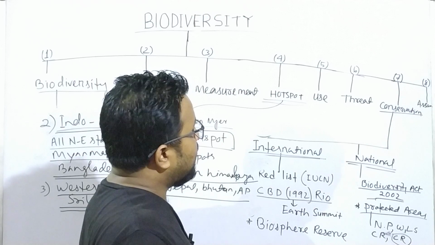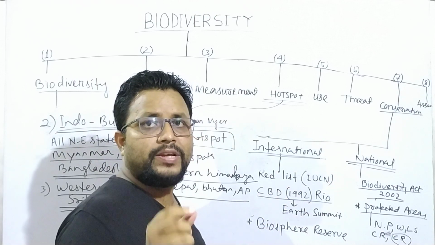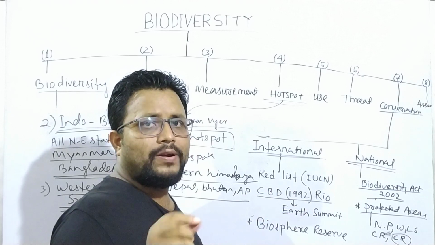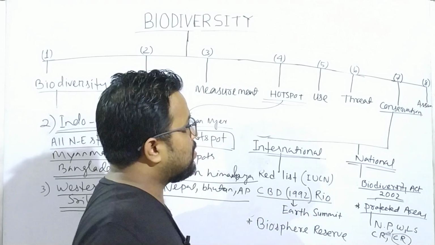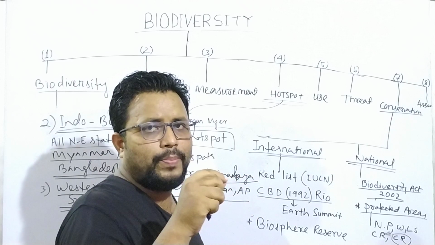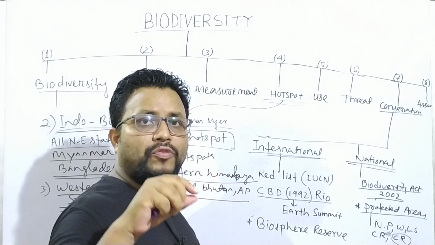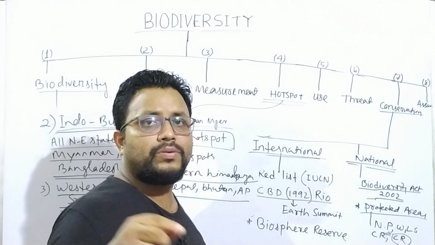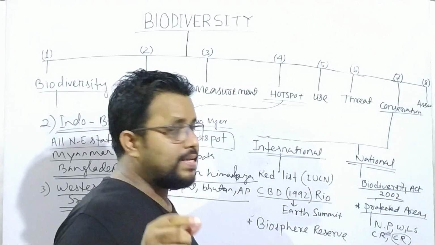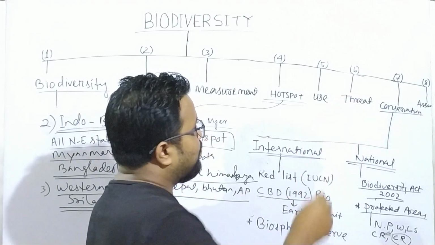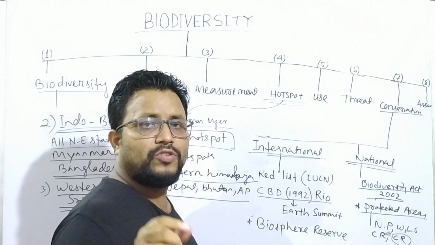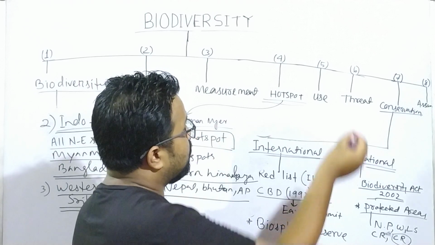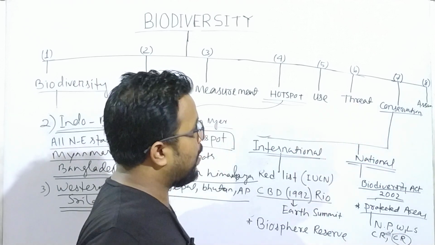Secondly, fragmentation of habitat, again because of change in river course and industrialization. So number 1 is destruction of natural habitat, number 2 is fragmentation of habitat, and number 3 is pollution. Air pollution and water pollution are responsible for threatening biodiversity.